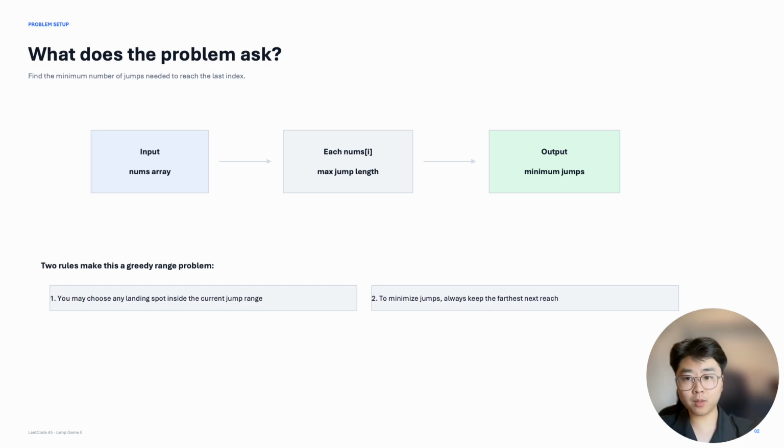If the problem only asked whether we can reach the end, that would be easier. But here we must ask, among all possible movements, which path uses the fewest jumps? The problem is really about efficiency, not just possibility.